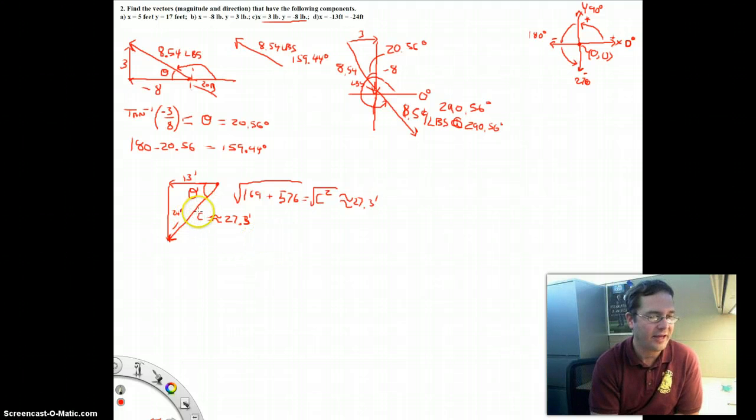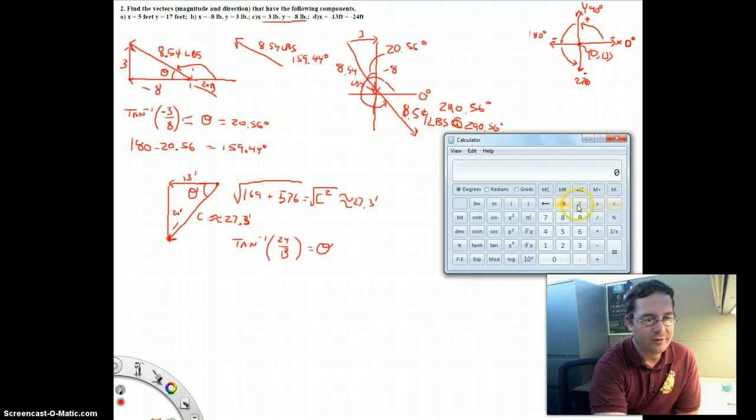We run the risk of stacking errors if we use a calculated number as the input to the next calculation. So again, you use the arctangent function. And in this case, it is opposite over adjacent, 24 over 13. And you notice in this case they're both negative, so we could put the negative signs in, but they're going to cancel anyhow. And what does that equal? That equals angle theta.